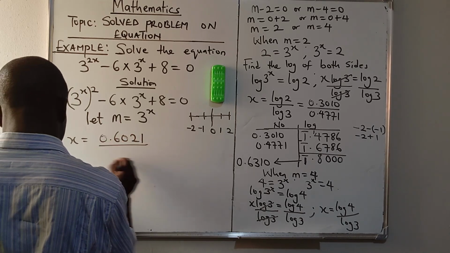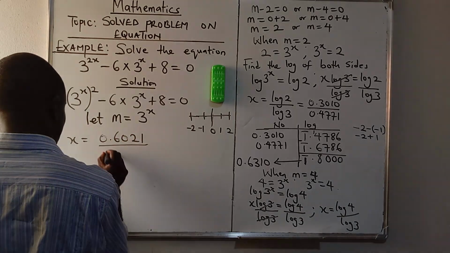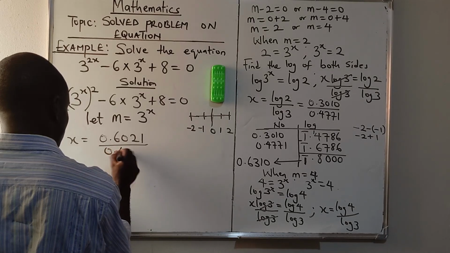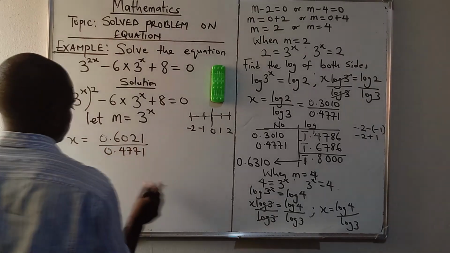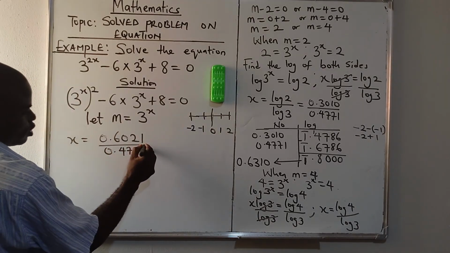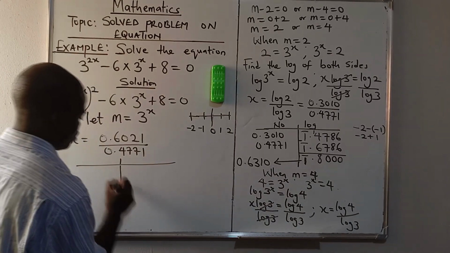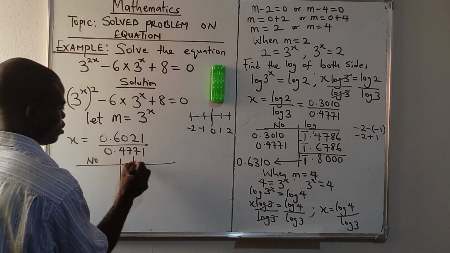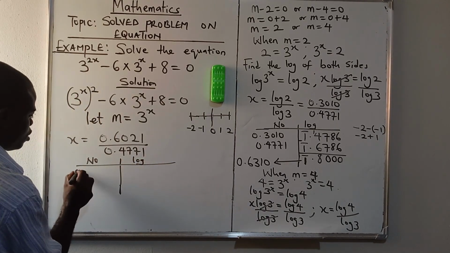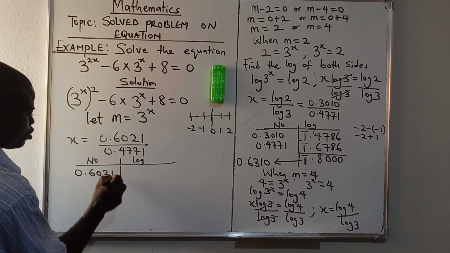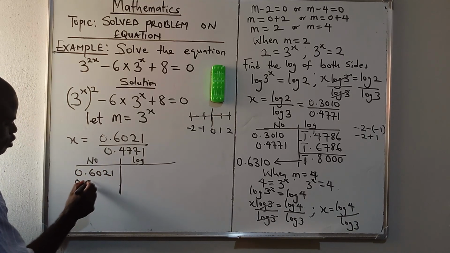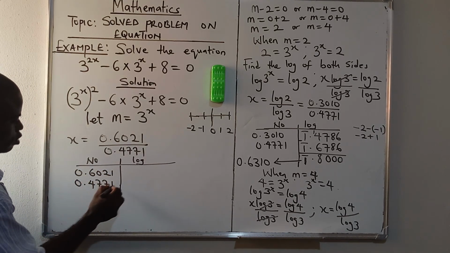Log 4 is 0.6021 divided by log 3, which is 0.4771. You can divide it and get your answer, but also get used to using logs. Log 0.6021, and we have 0.4771.